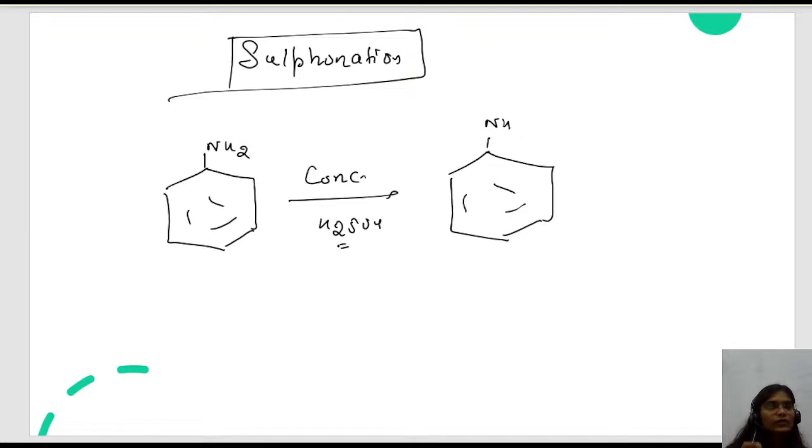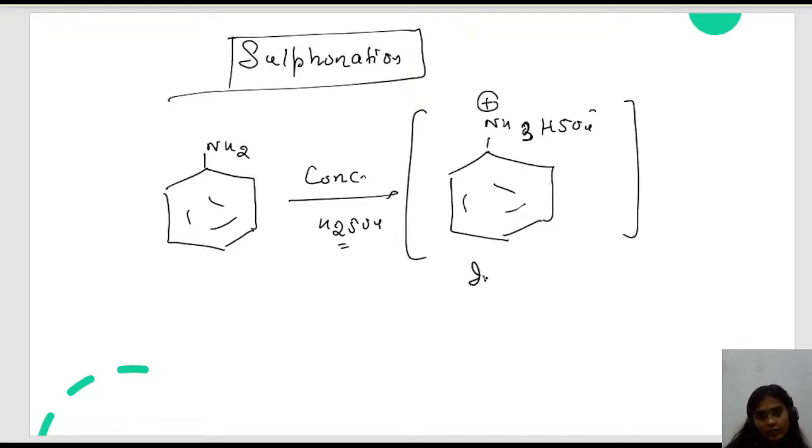So it is going to attack first on aniline, so it becomes NH3 plus. Remember the exception in the nitration process. And then, in order to stabilize this, the negative part is connected here. So this is an extra intermediate here.